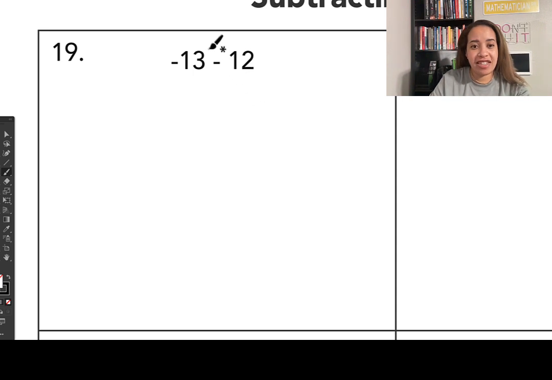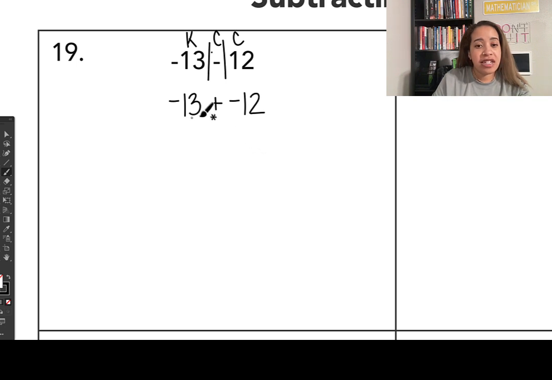Here's number 19. We see subtraction, so we say keep, change, change. We keep the negative 13, change from a minus to a plus, and change from a positive 12 to a negative 12. Now our addition problem has same signs.